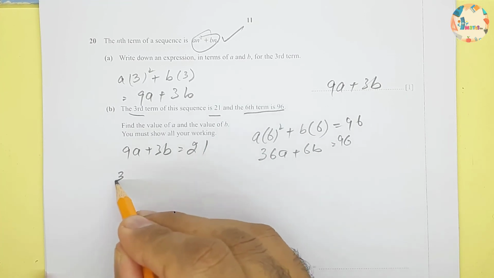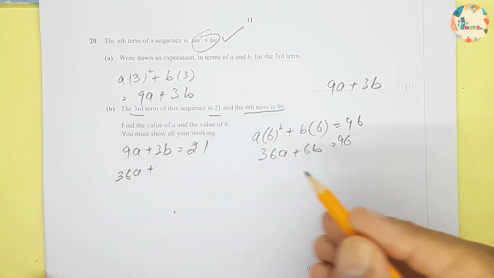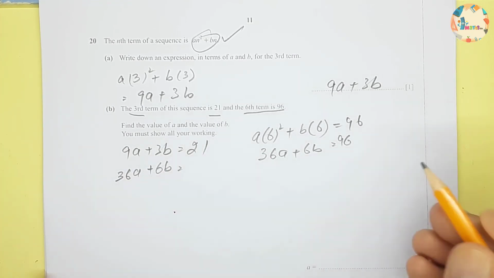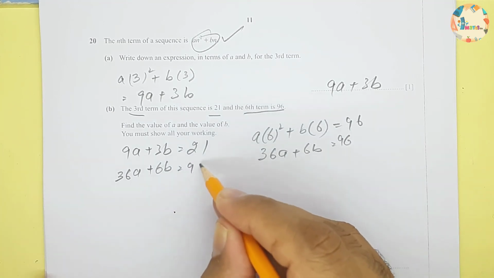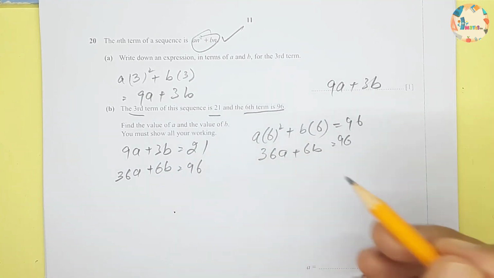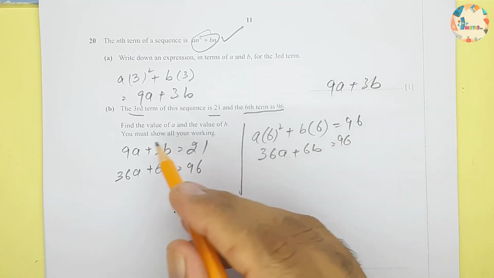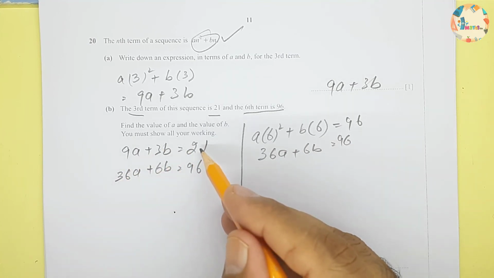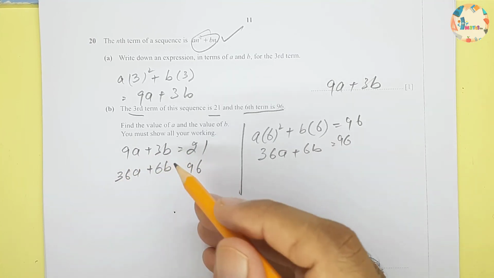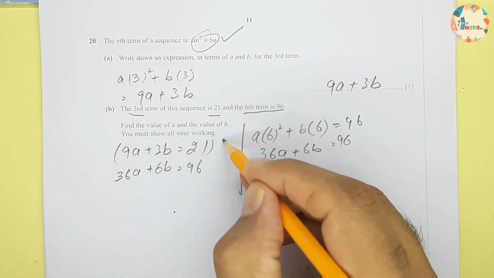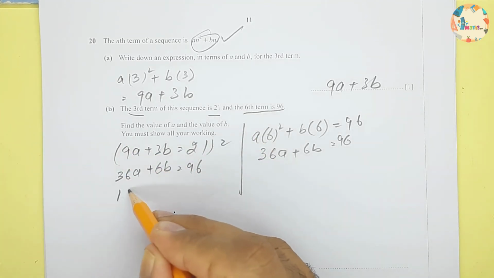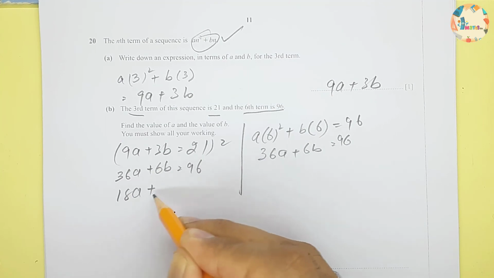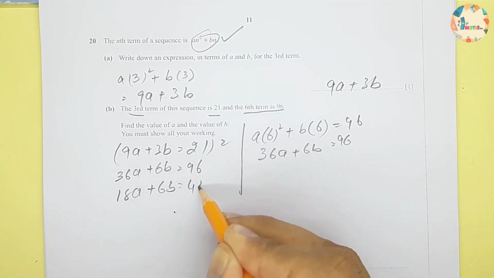Now this is the equation which we can write, and we can simplify. Basically we can write 36a plus 6b is equal to 96, and these two are the simultaneous equations which we can solve. We can multiply this by 2 to get rid of this b. So we multiply this by 2 and get 18a plus 6b is equal to 42.